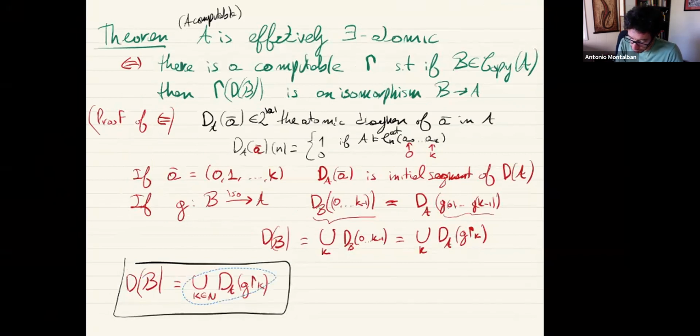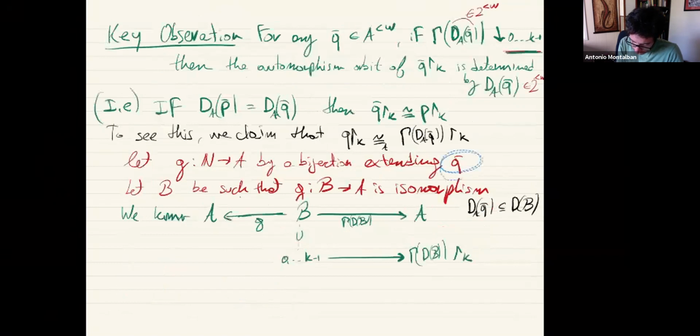And then this Q is an initial segment of G. So this one here is the same as the diagram in A of G up to the length of Q, essentially, which is an initial segment of B. And then the gamma already converges on this string.